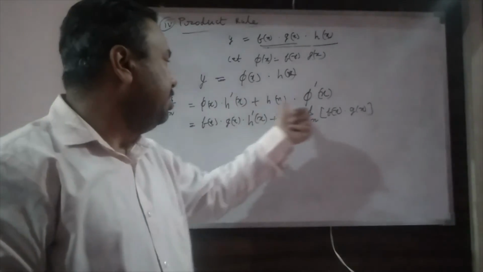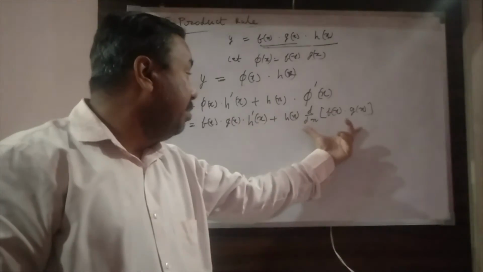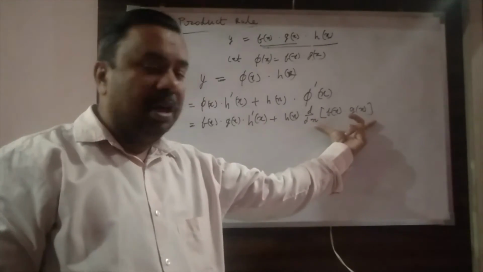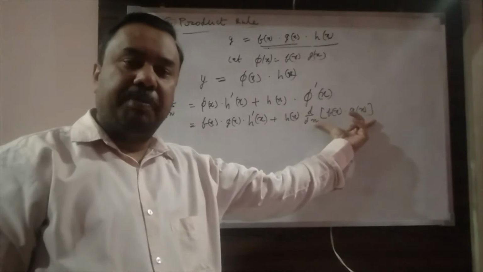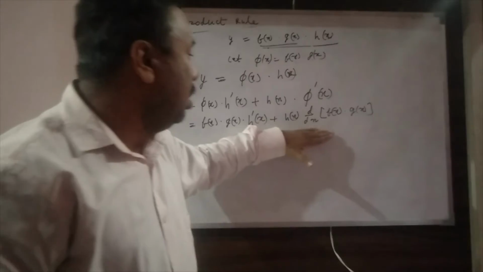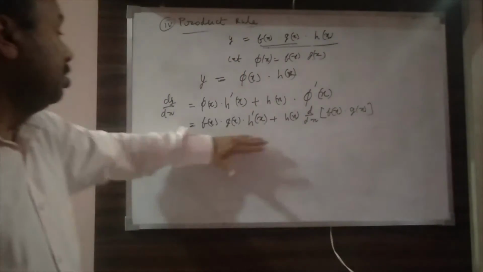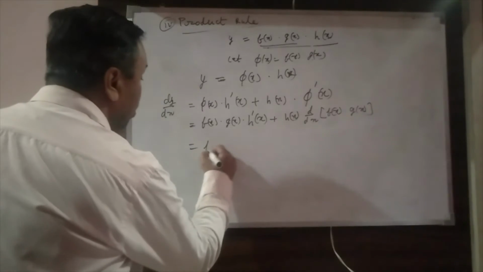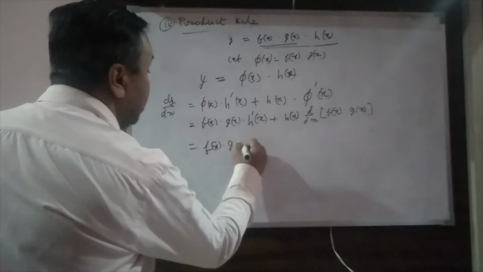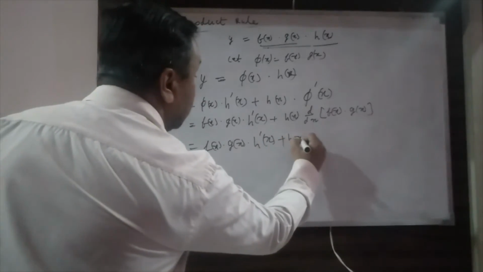Then I differentiated it. Now once again, at one place there is a differential coefficient of a product of two functions. So I will use the same method to differentiate this part also, because the other part has been differentiated already: f(x) multiplied by g(x) multiplied by h'(x) plus h(x).